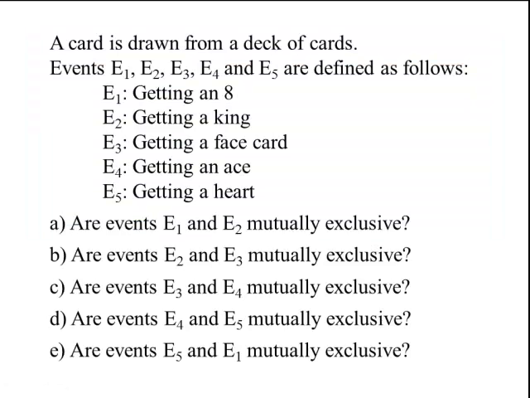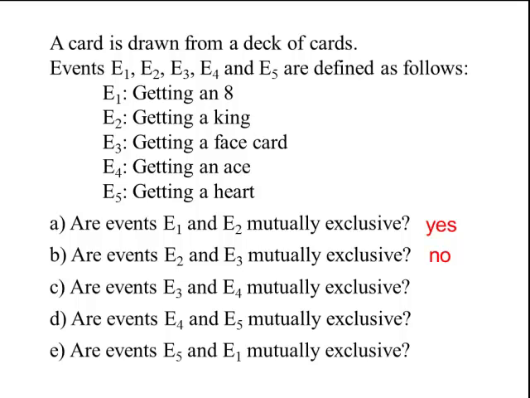Okay, let's look at an example. The experiment is a card is drawn from a standard deck of cards, and we have 5 events. Event 1 is getting an 8, event 2 is a king, event 3 is a face card, event 4 is an ace, and event 5 is a heart. Are events E1 and E2 mutually exclusive? Yes, because you cannot have a card that's an 8 and a king at the same time. For events 2 and 3, the answer is no, they can't happen at the same time.